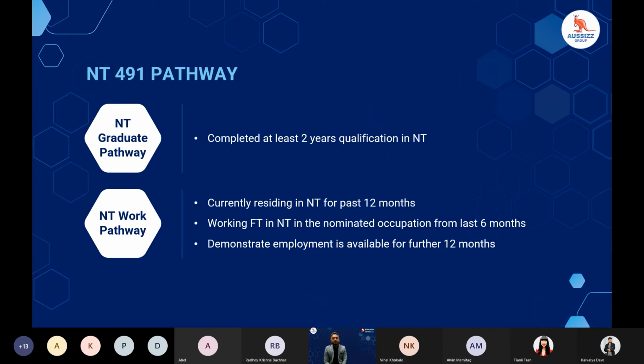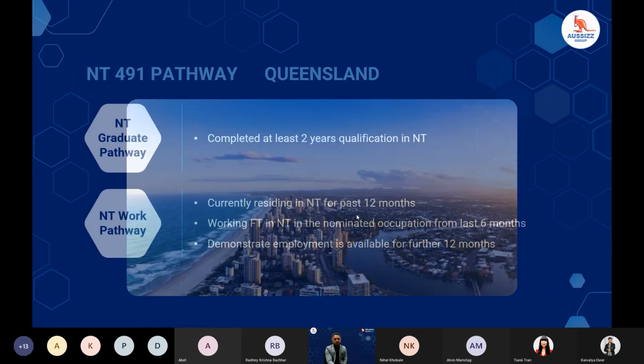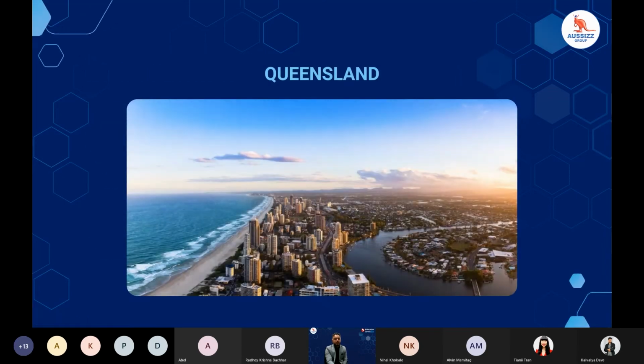There is another one, the NT work pathway, where you must be currently residing in Northern Territory for 12 months and working at least 6 months full time in your nominated occupation, and you have a further 12 months of job offer from the same employer if possible, right? If you do not have the same employer, you have to demonstrate that you have a further 12 months of employment opportunity there in Northern Territory.